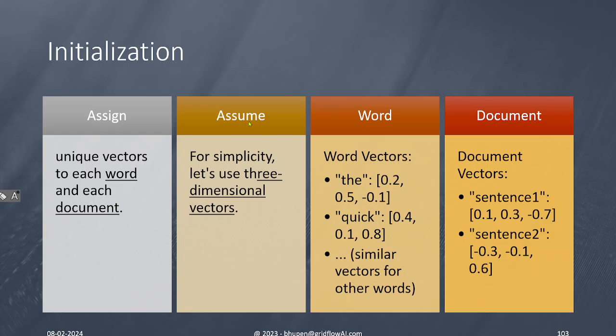And let's make an assumption that we are going to initialize the vector with three-dimensional, real numbers. So the word like the, quick, and similar other words would be represented using a three-dimension vector. And likewise, we would do for the entire document as well.